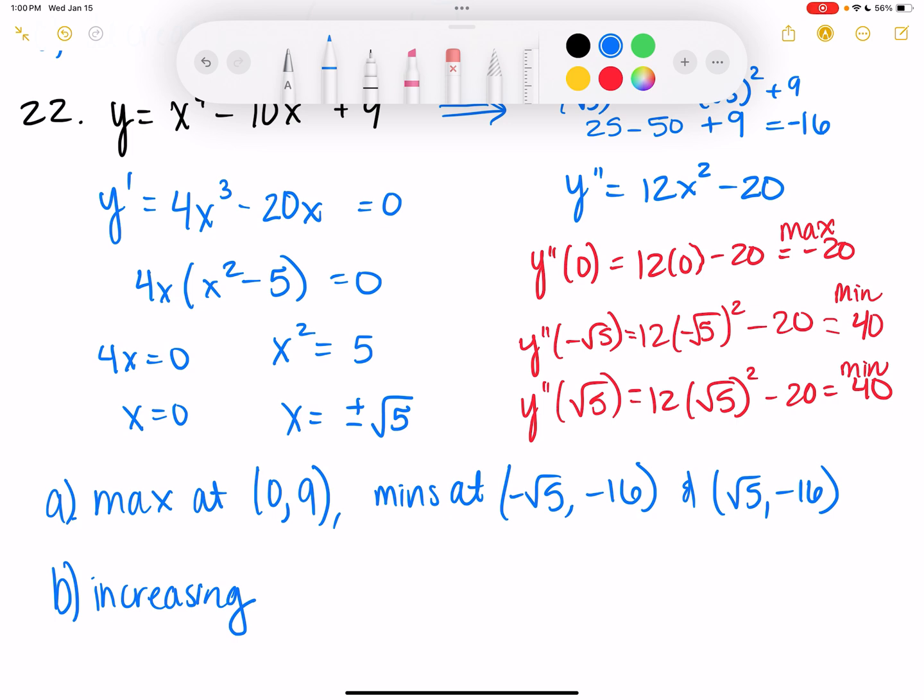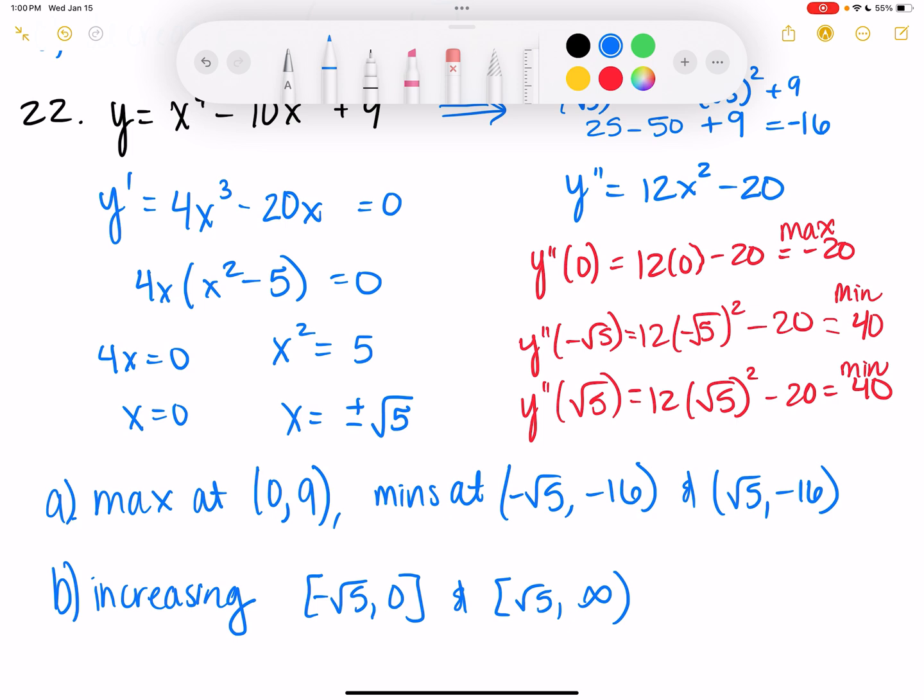So where is it increasing from? Negative root 5 to 0 and root 5 to infinity. Yep. Do we understand how we're getting those?